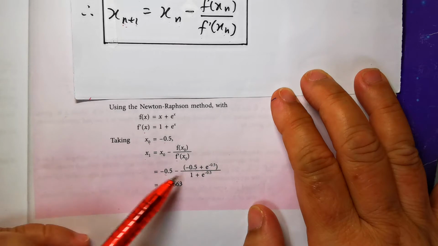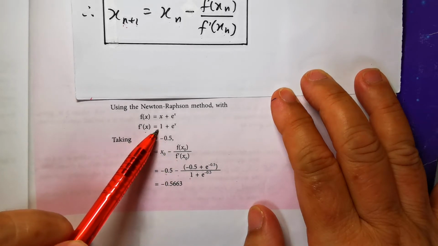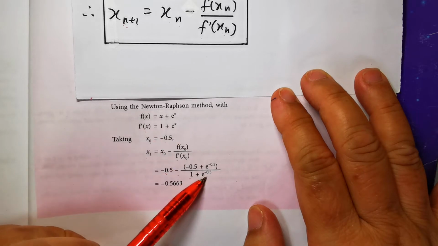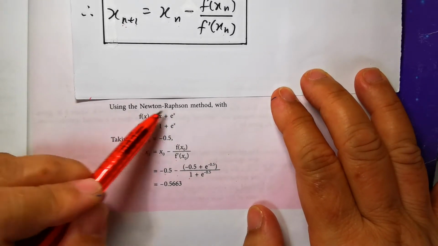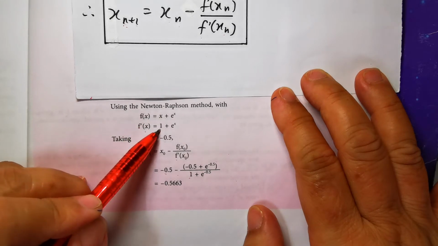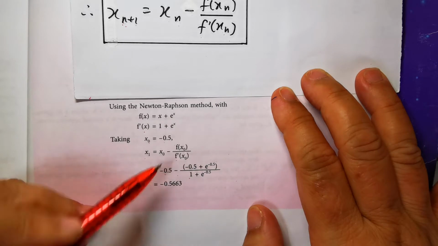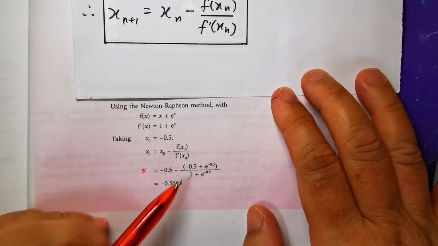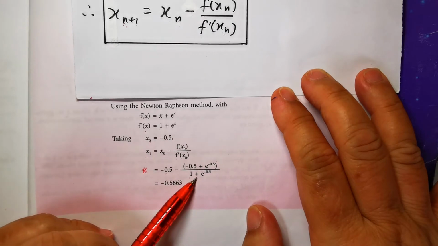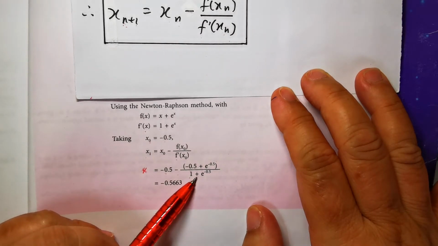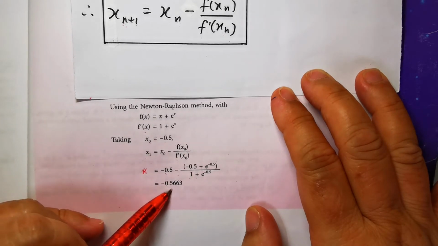Then for the denominator, you sub -0.5 into your f'(x), so 1 plus e^(-0.5). You still remember how to differentiate this one: differentiate x, you get 1, differentiate e^x is still e^x. Alright, show this step, very important. Show the step where you sub the value into the formula, otherwise it's incomplete. Alright, then you press the calculator, you get this answer.